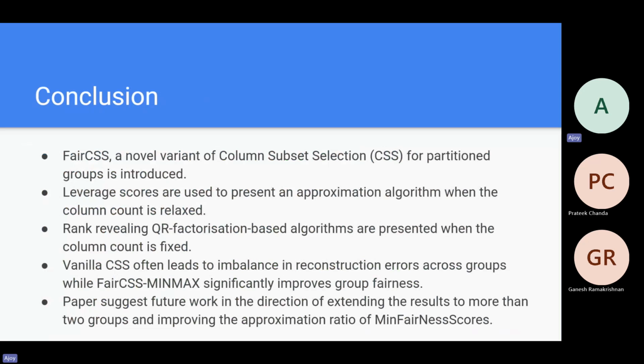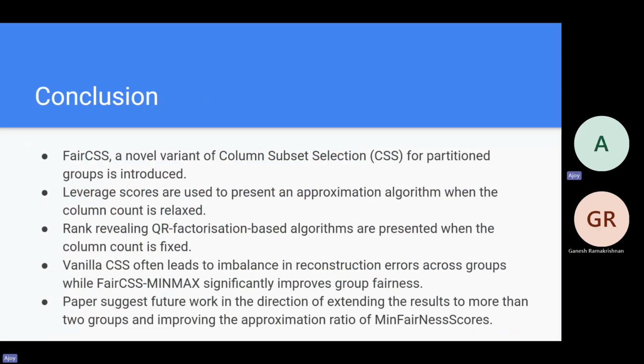Yeah, here CSS is introduced upon the classic CSS problem. So what is the advantage here? We can divide into 2 groups, so we can reduce the bias that often happens while taking a single group. So these things are done, and the paper shows the results that it performs better.